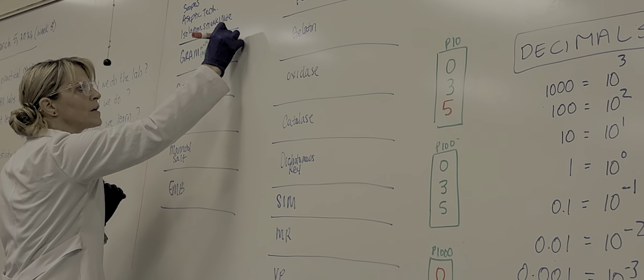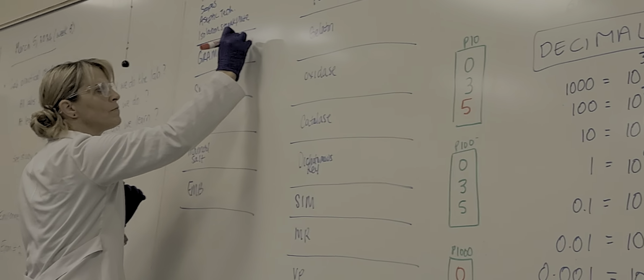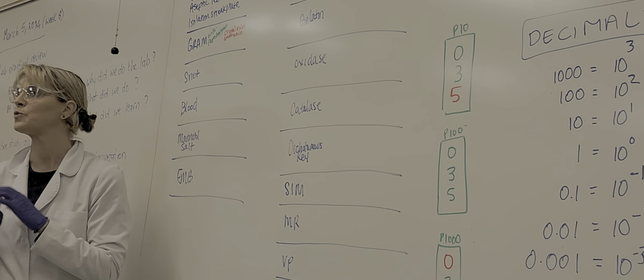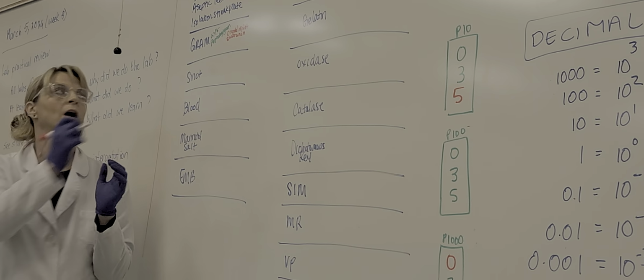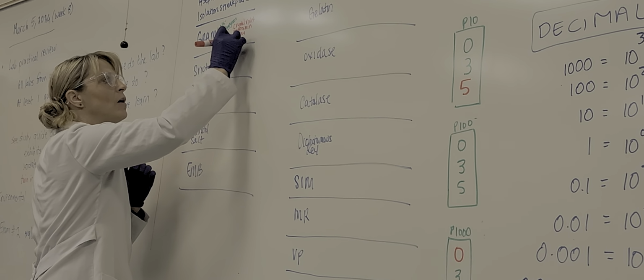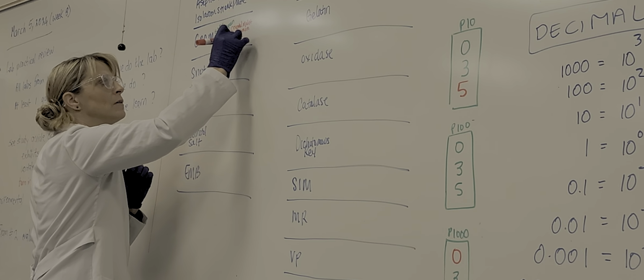What's the secondary stain? Safranin. What else do we have to use? Iodine. Mm-hmm. Iodine, alcohol.